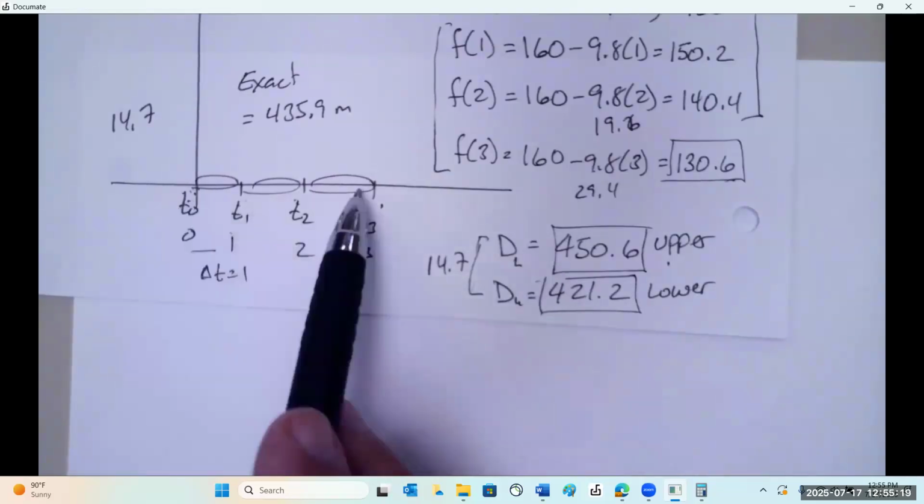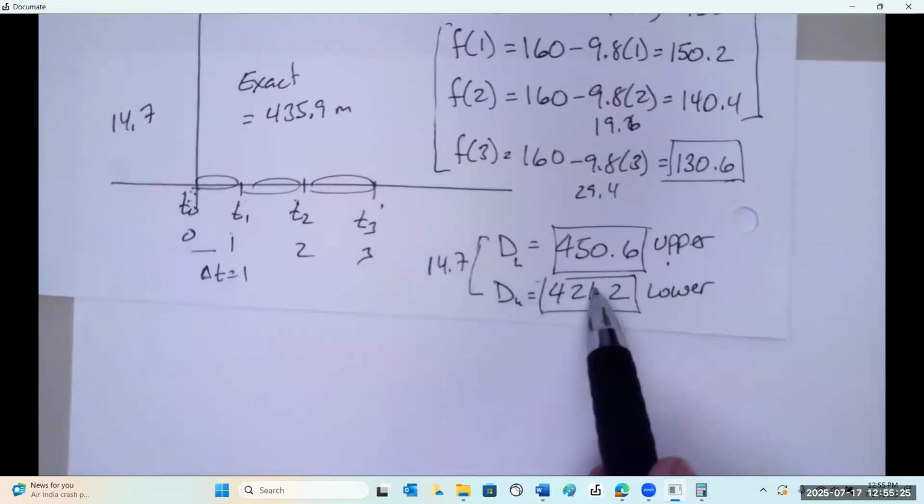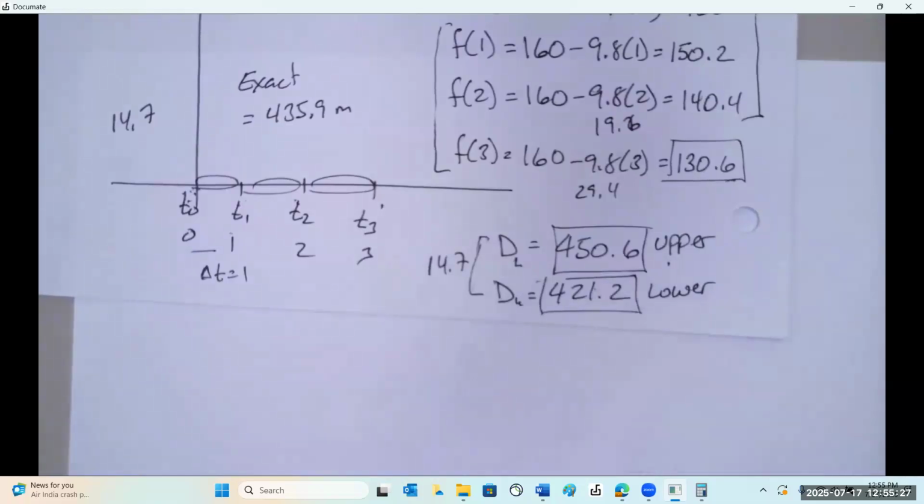So whether we take the lower bound or the upper bound, since the only force acting upon it was gravity, the exact value is going to be the midpoint between the upper sum and the lower sum. There's no other acting force. It's straight up, straight down.